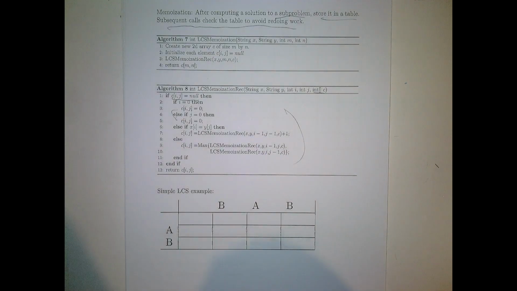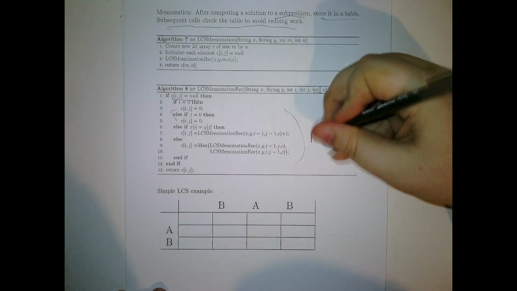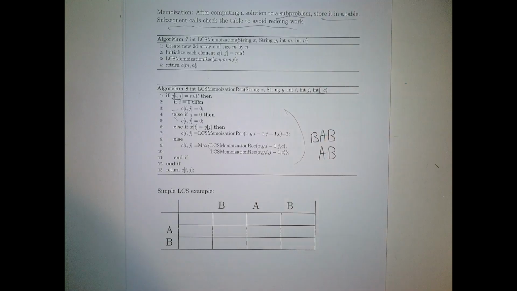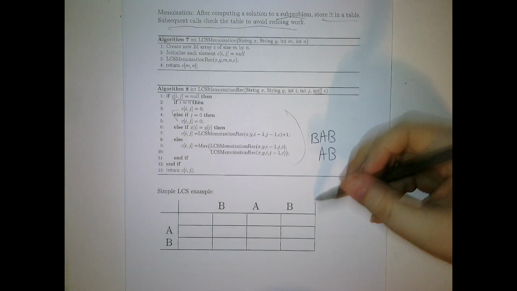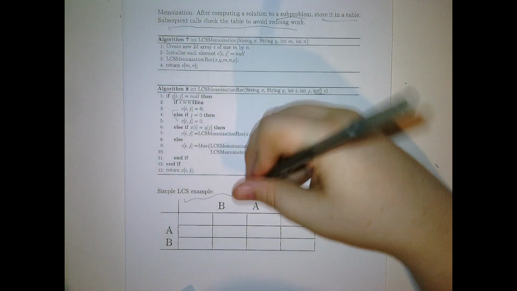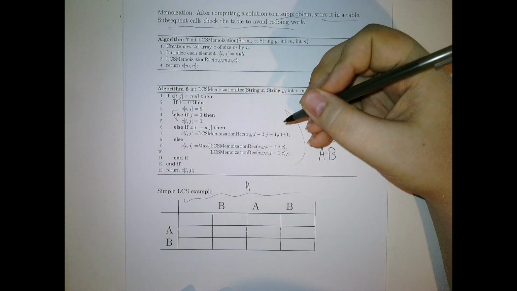Okay, so let's try it for some very small strings. Let's suppose we had the strings BAB and AB, and we wanted to compare them. If we think about it, there's only so many comparisons we need to consider. There are four possibilities for how many characters we have left: 0 characters left, 1 character left, 2 characters, 3 characters.